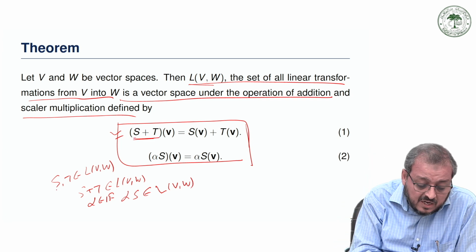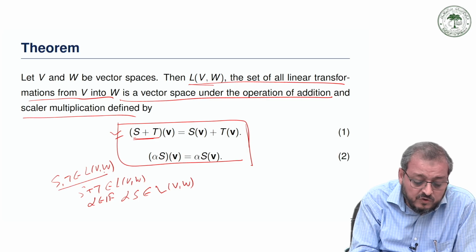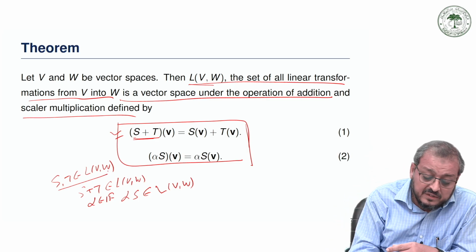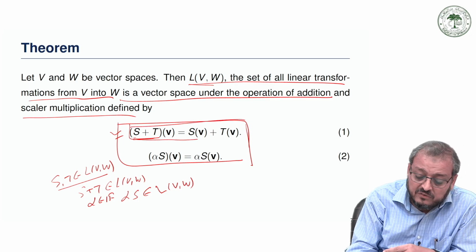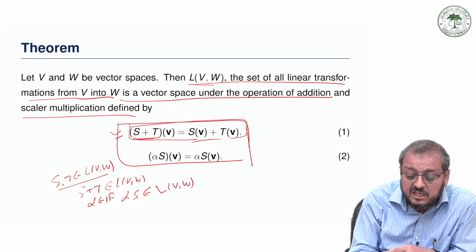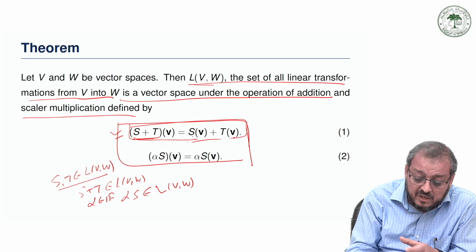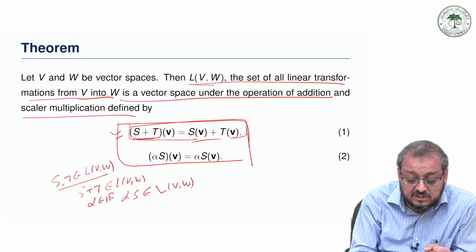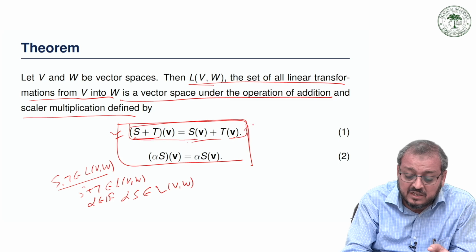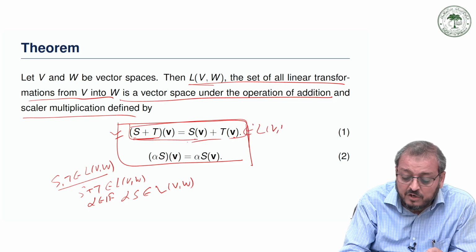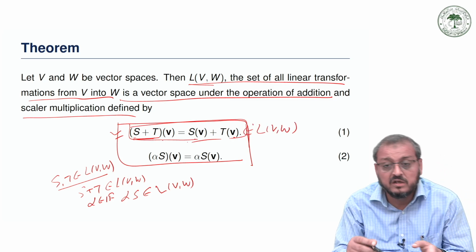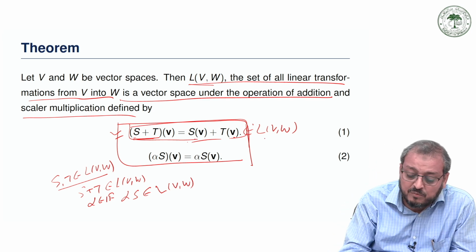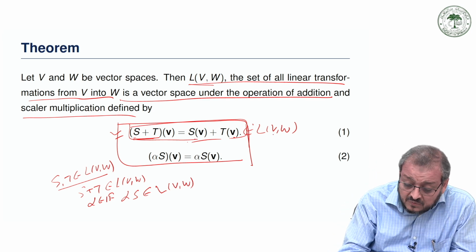So S and T are two maps from V to W. This means S and T are both linear maps, and we have already defined S plus T in this form, and this is a linear map, so it is well defined. This means this is the sum of two linear maps, and we already showed that S plus T is a linear map, so it belongs to L(V,W).